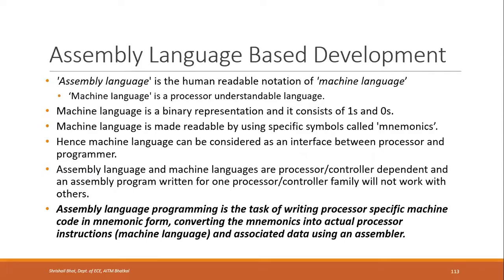So assembly language programming is the task of writing processor specific machine code in mnemonic form, using the mnemonics for that particular processor or controller, then converting the mnemonics into actual processor instructions, that means converting them into machine language, that is in terms of ones and zeros, and associated data using an assembler. So you use a thing called an assembler which does this conversion.